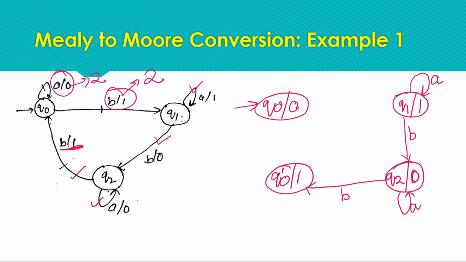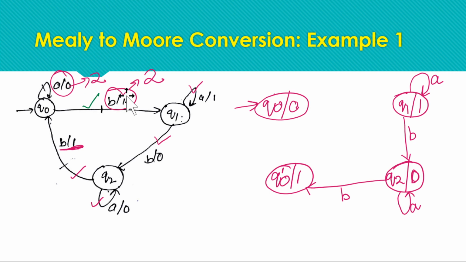Now coming to the state Q0. For every transition of Q0 we will be drawing two transitions in the Moore machine. So from Q0 for input symbol B, let's consider this transition first. For this we will have two transitions in the Moore machine.